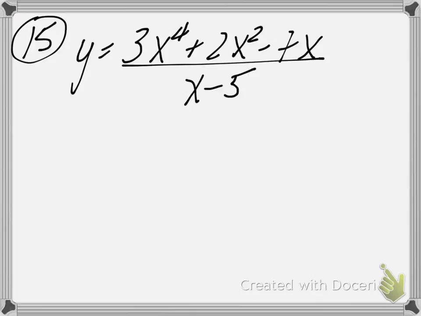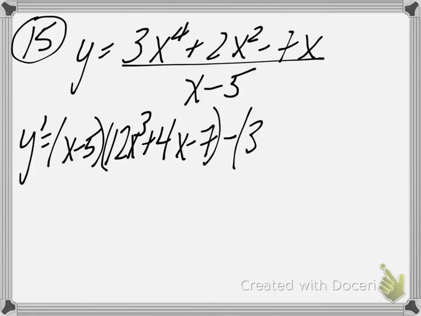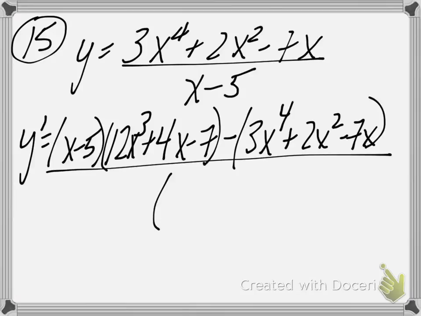Okay, this is a quotient rule. So it's the bottom times the derivative of the top minus the top times the derivative of the bottom, which is just 1, all over the bottom squared.